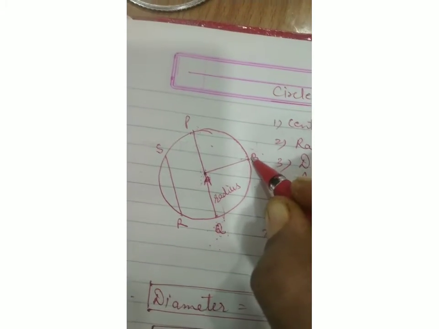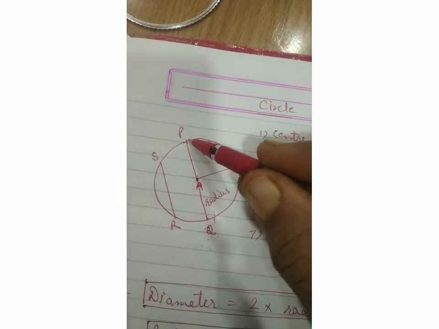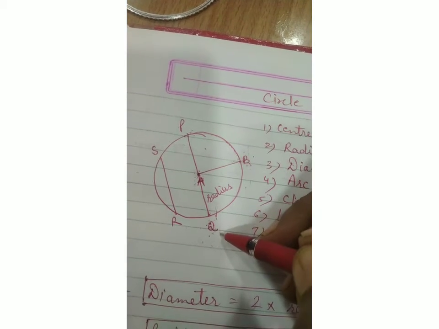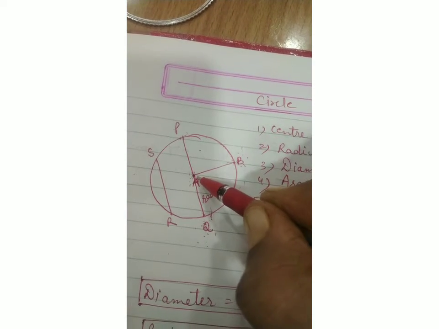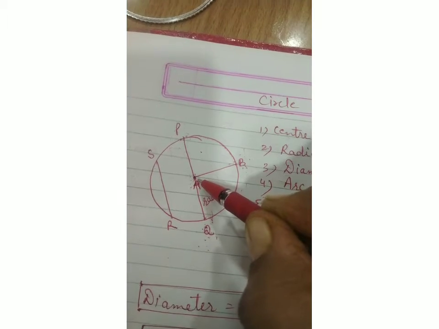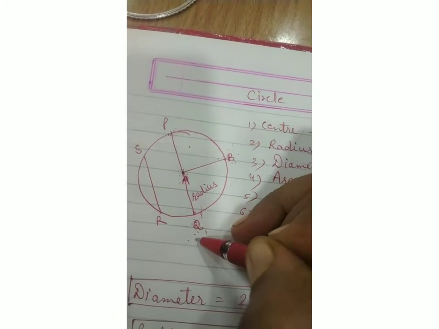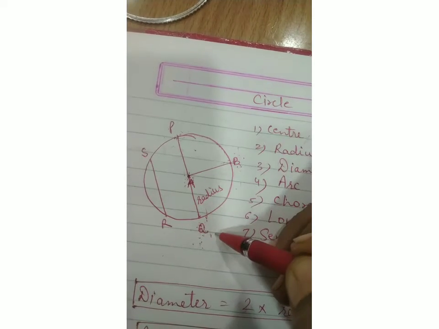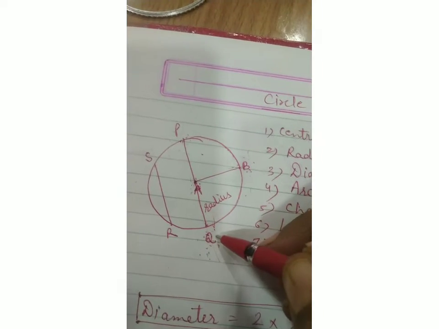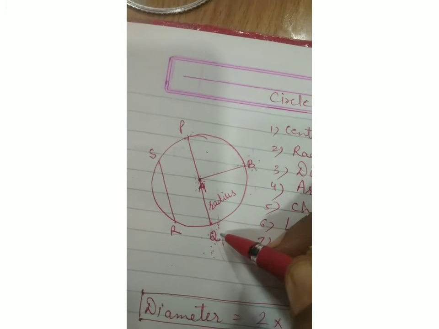Okay, children? Now look at the line segment of PQ, which is passing through the center A. The endpoints P and Q are on the circle. So PQ is known as the diameter of the circle. So what is diameter?